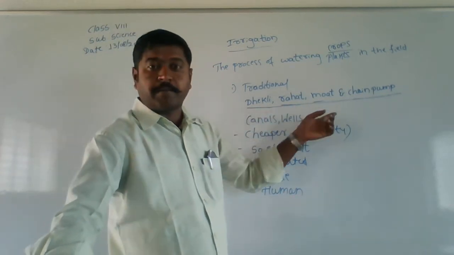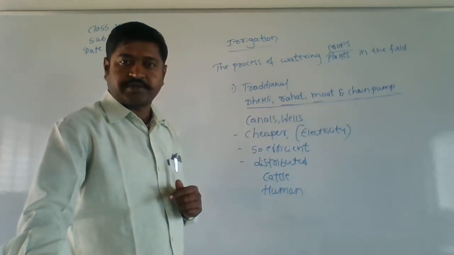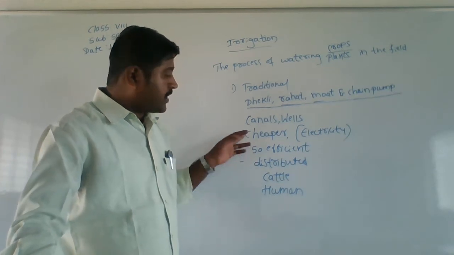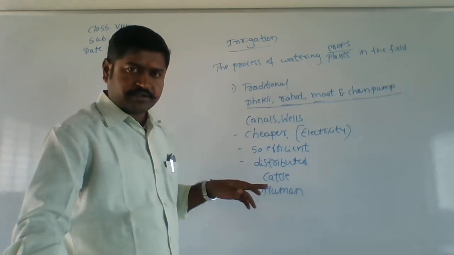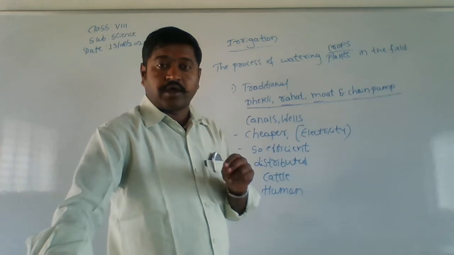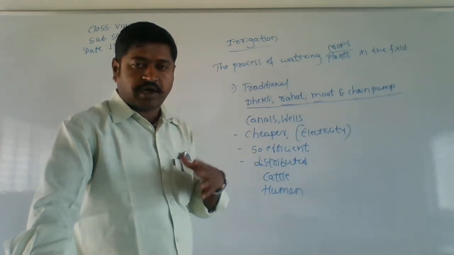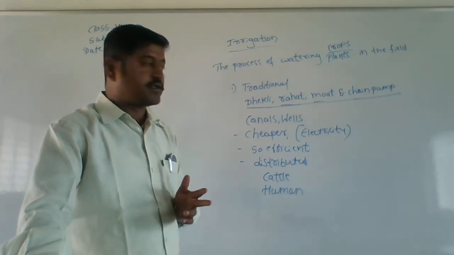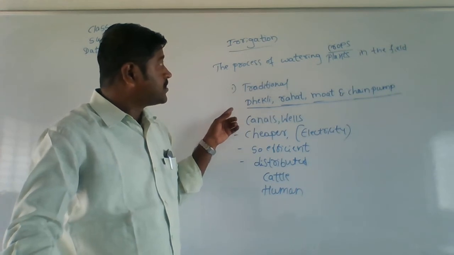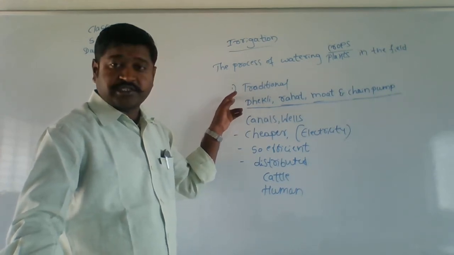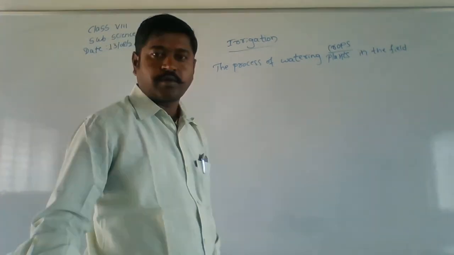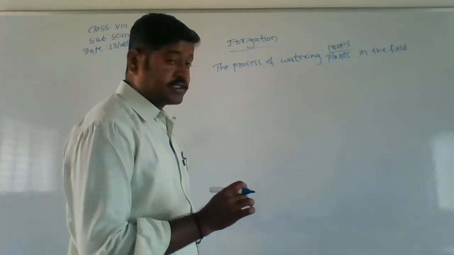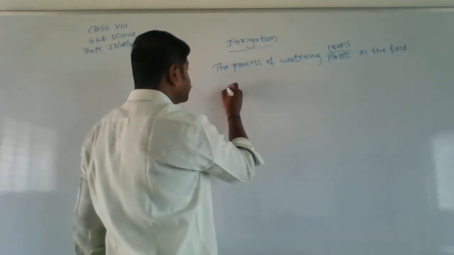It took manpower, right? So it was cheaper, but it was not so useful like how modern irrigation is. So this is about traditional irrigation. Now it is about modern irrigation.